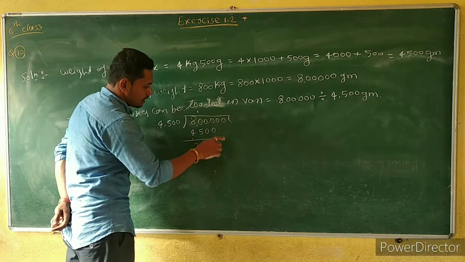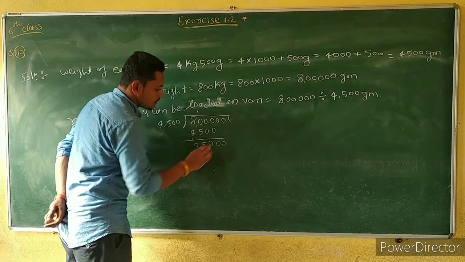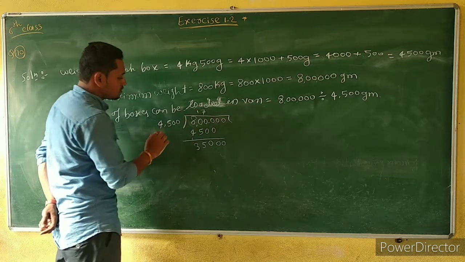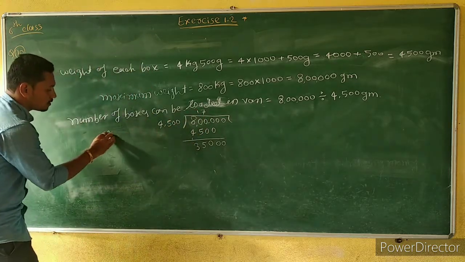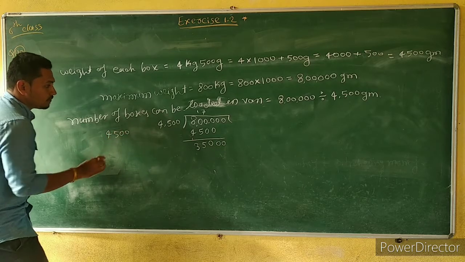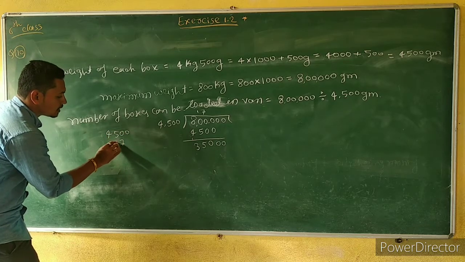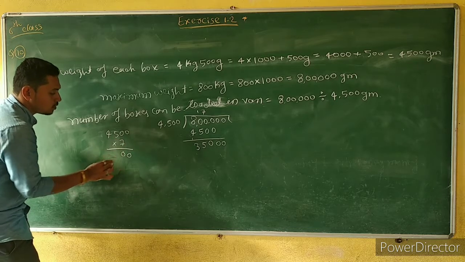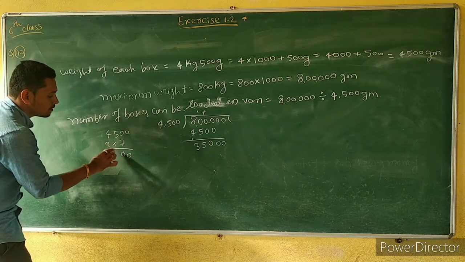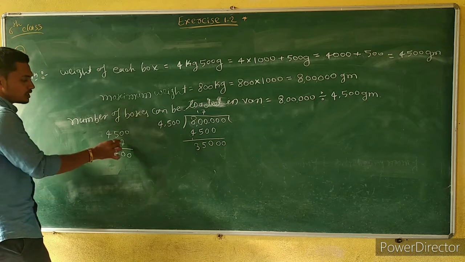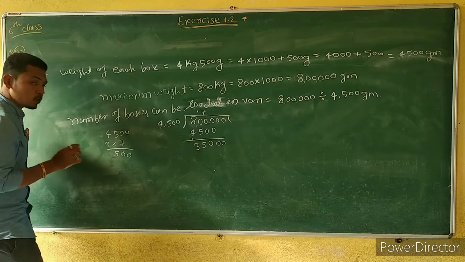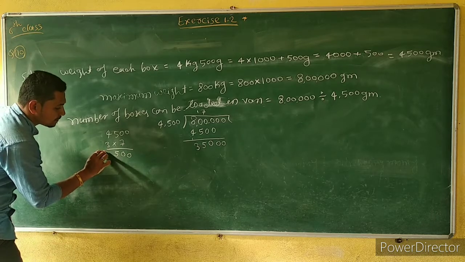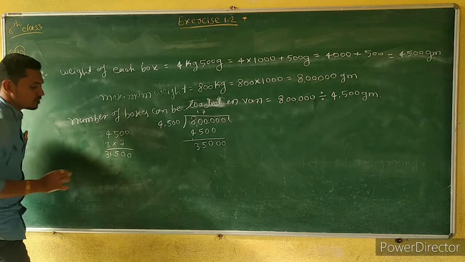And next, take another 0 here. Is it right? So 4,507 are... okay, let's check how many. 4,507 are 700, 7 into 00, and 7 5s are 35. Is it right? 7 4s are 28. 28 plus 3, 31.